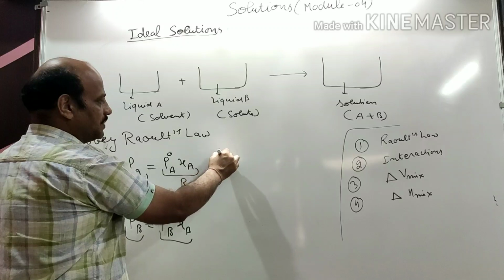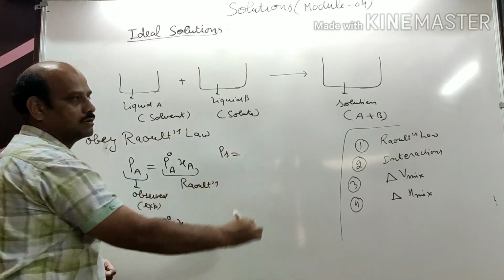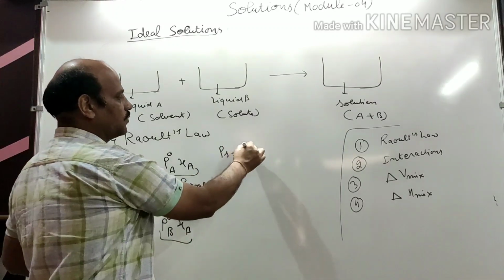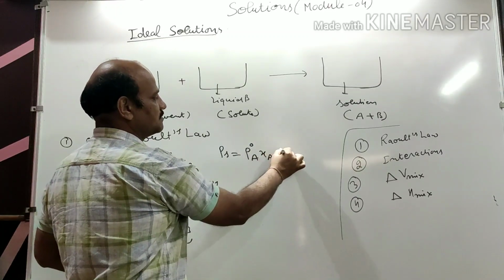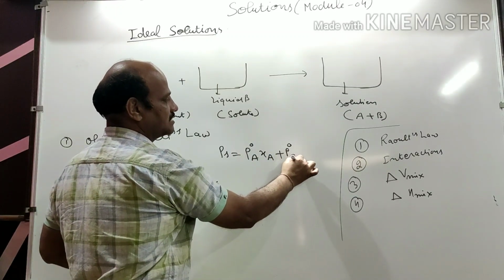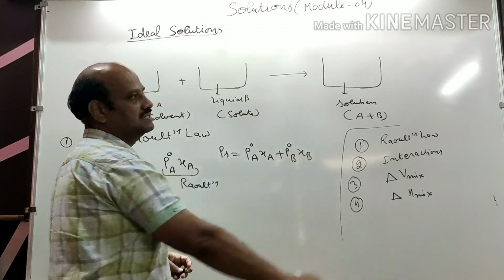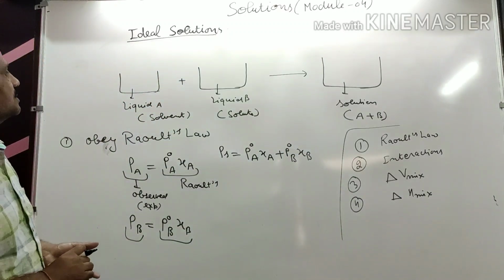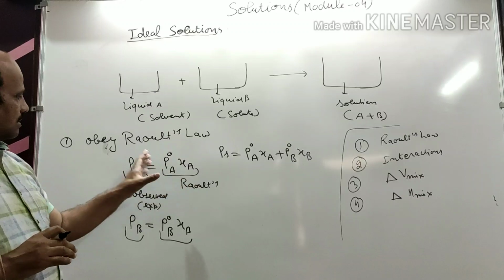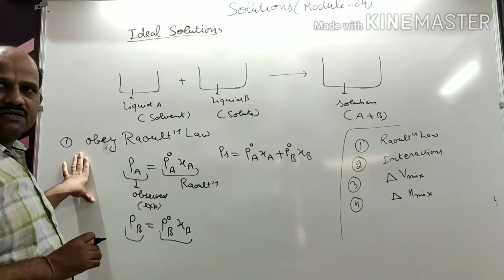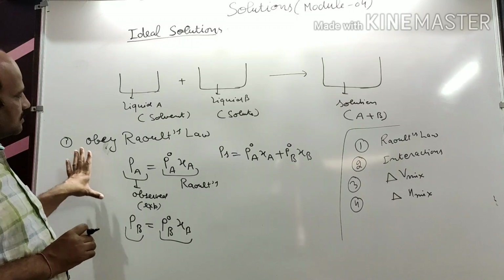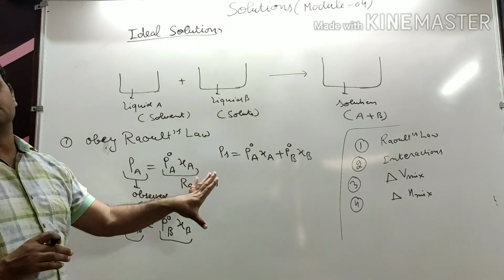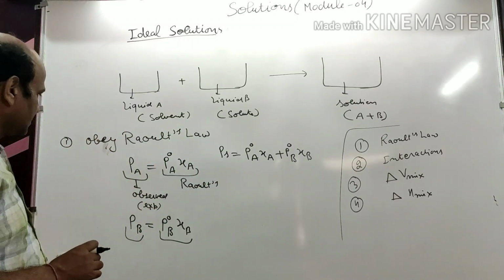Also, P_S is equal to P naught A X_A plus P naught B X_B. This is the first and most important condition. An ideal solution is one which obeys Raoult's law in all respects.